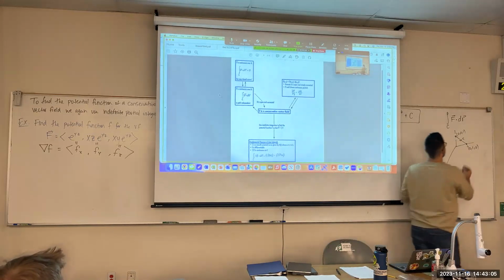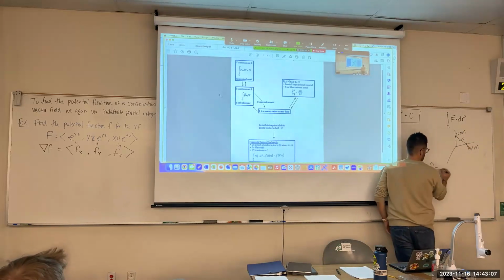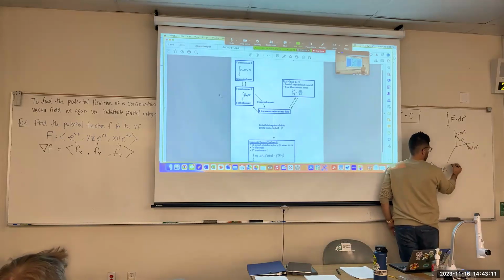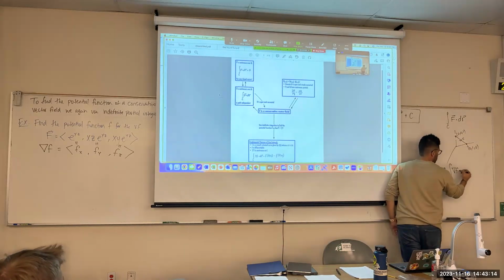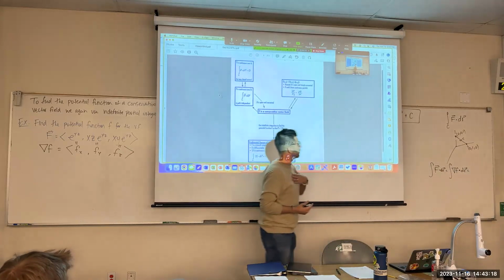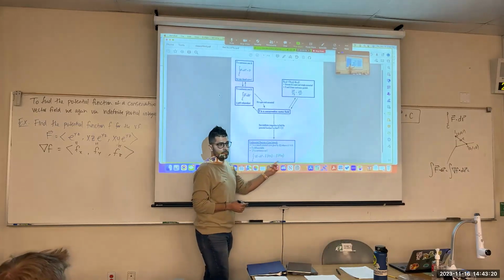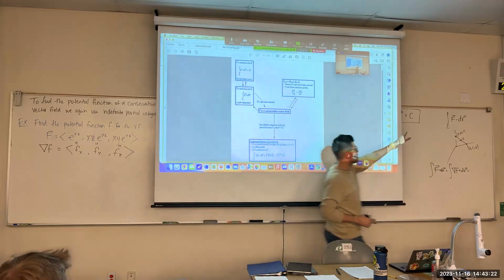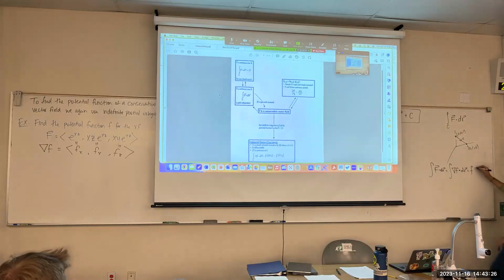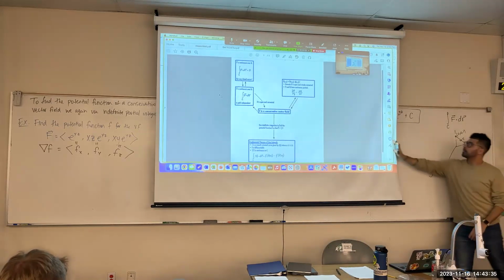So this line integral really equals f evaluated at the endpoints. I just plug in the ending point, 0, 1, 0, minus the initial point, 0, 0, 1, into this function, and then I'm done.